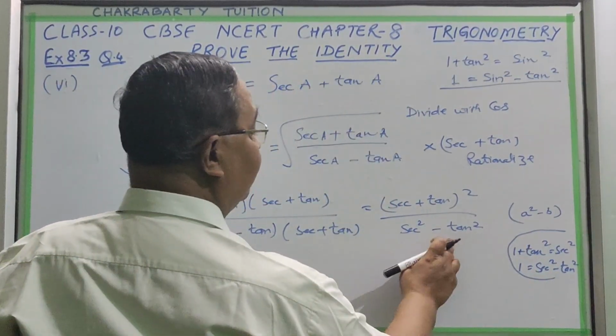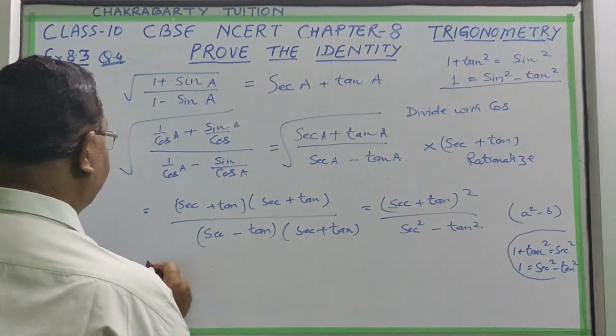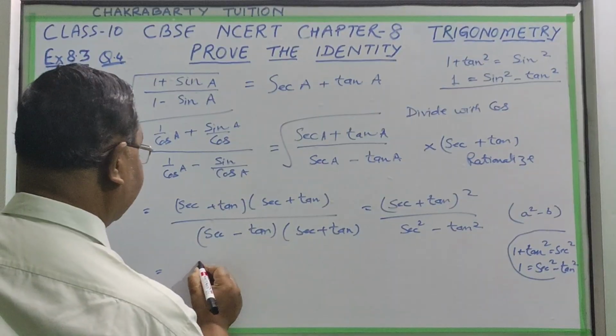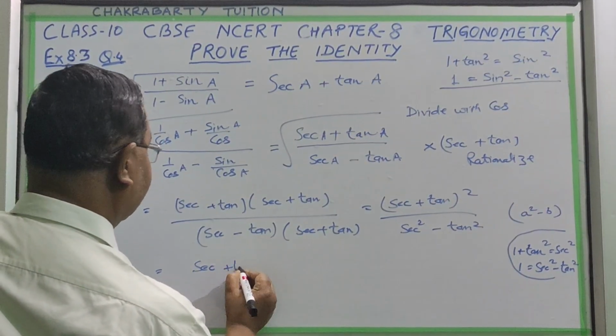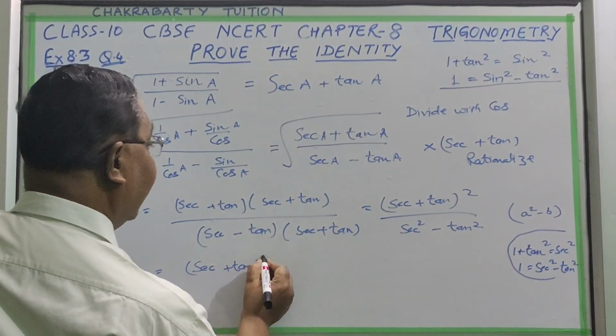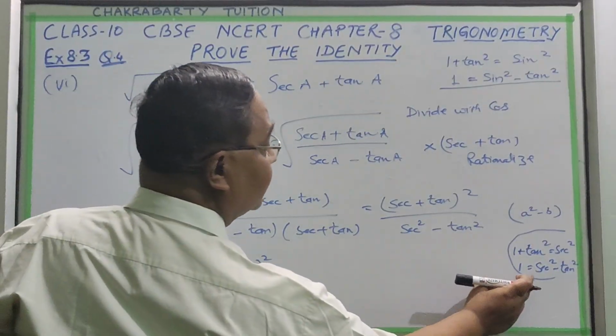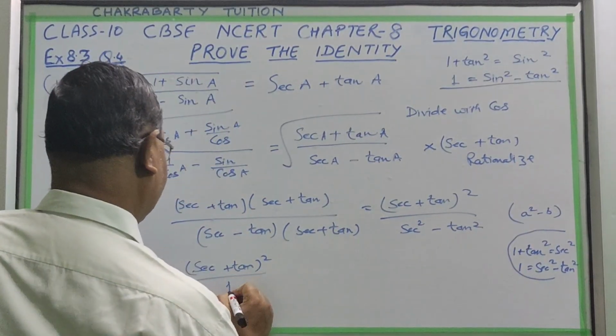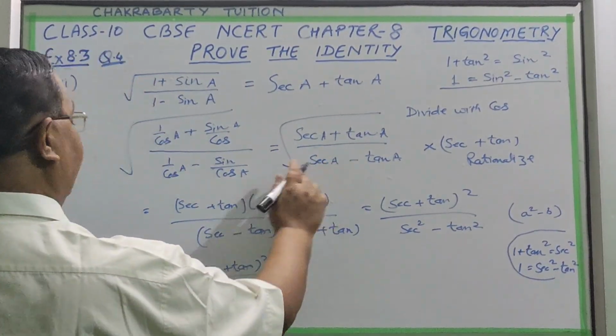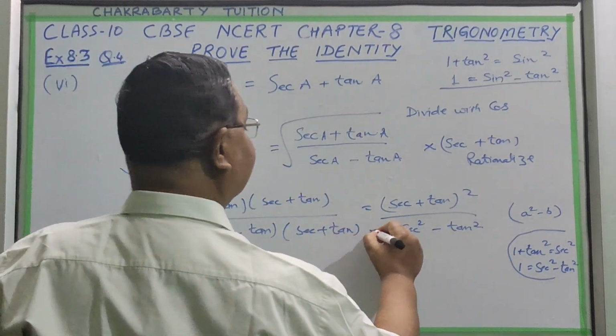So sec square minus tan square we can write as 1. The upper portion will remain like this, sec plus tan square, and in place of the lower portion we can use 1, and the whole root is there.